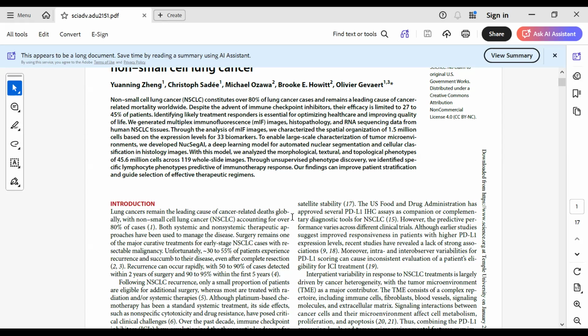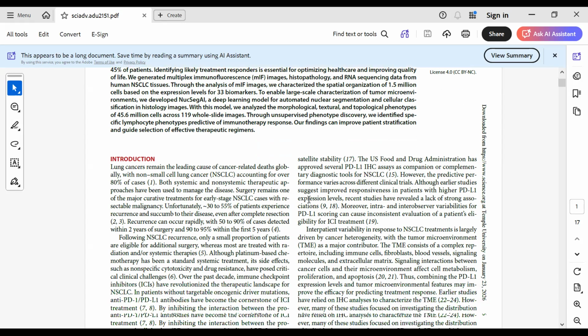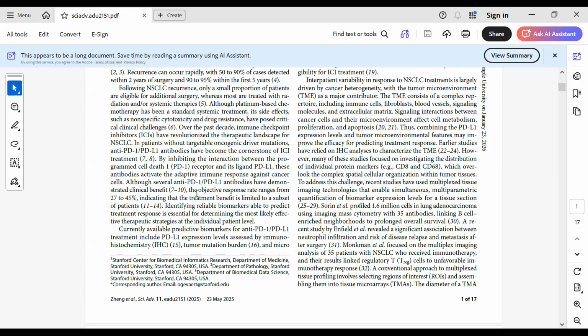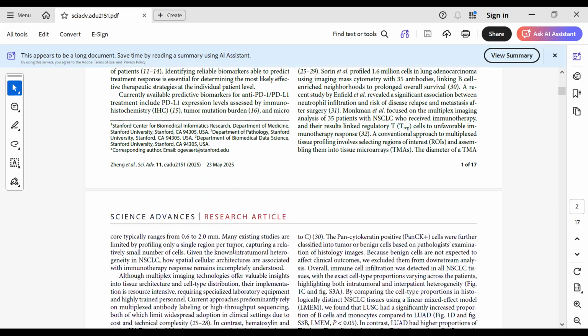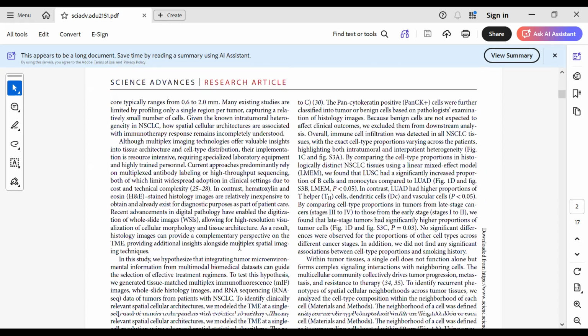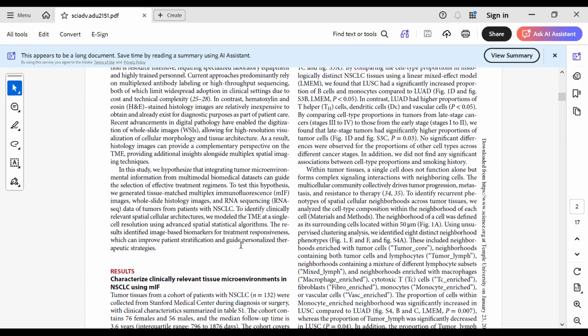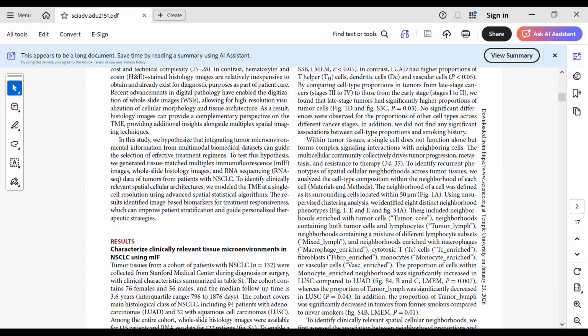This AI model was trained on large scale H&E staining images paired with immunofluorescence data. This allowed the model to use objective protein expression, for example from 33 different biomarkers, as ground truth to teach this AI how to recognize specific cell types in standard H&E stains.